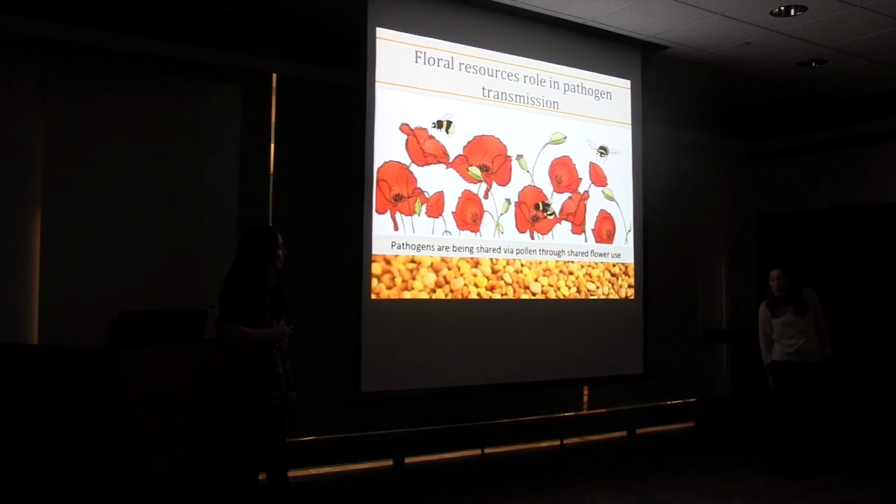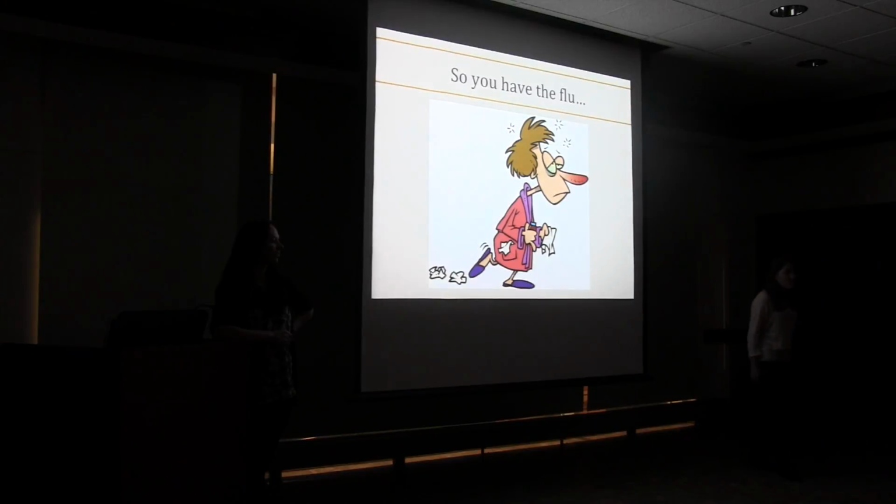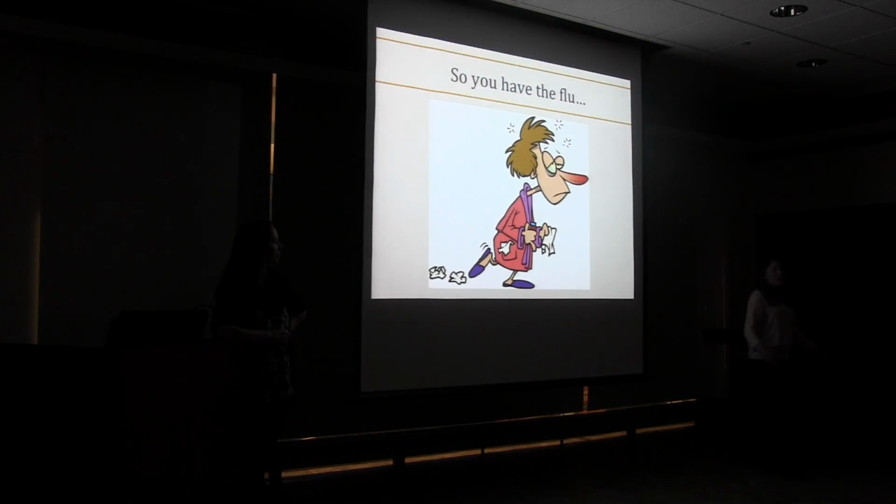And this is passed on through the pollen. This was figured out when someone actually tested the pollen bees were carrying and found diseases in that, but not in the bees themselves. And this is similar to humans. So when you have the flu and you're sick, what sorts of things can you pass to other people?